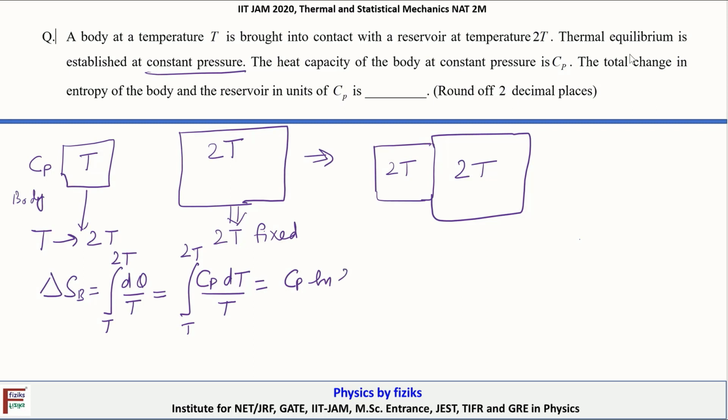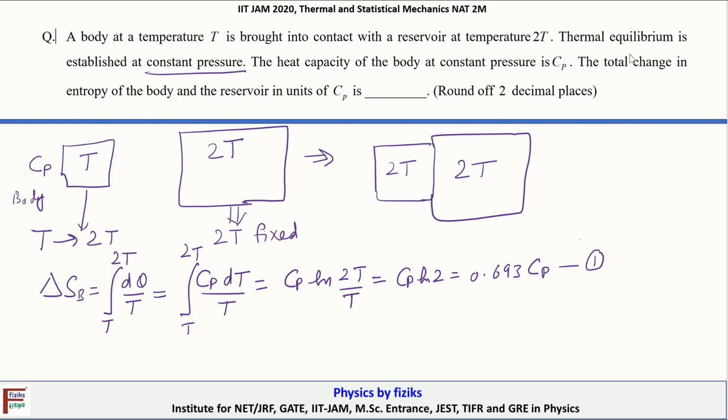So this will give you ln of 2T divided by T, or this is equal to Cp ln 2, and this is equal to 0.693 times Cp. Let me call this equation 1.